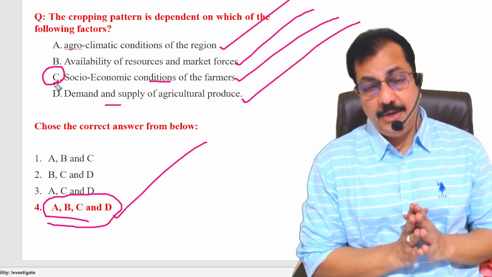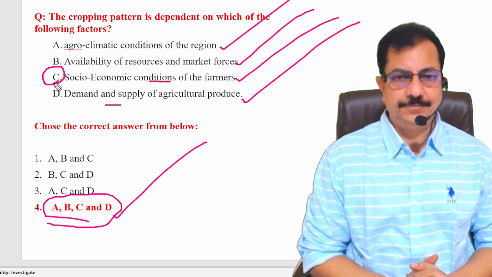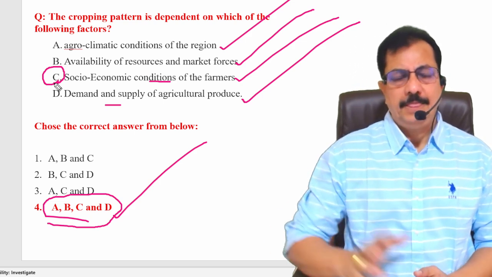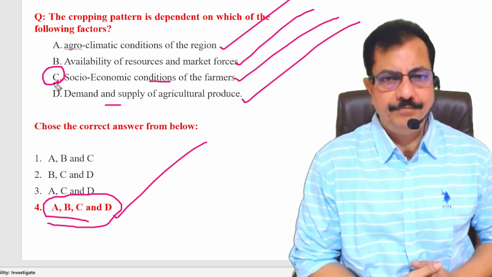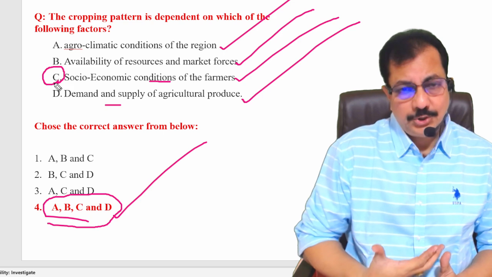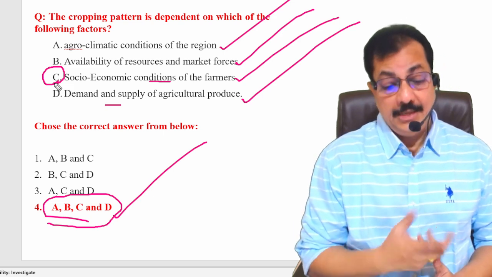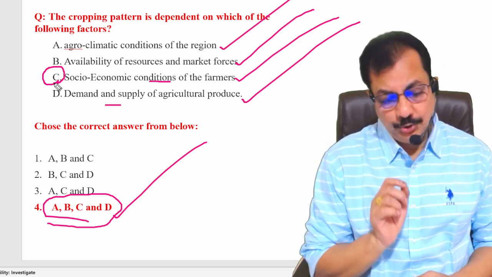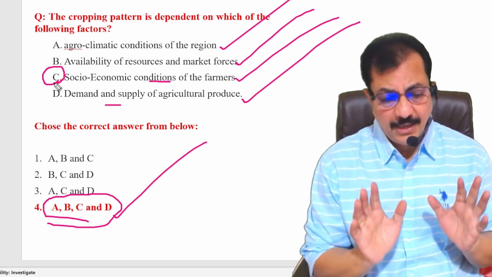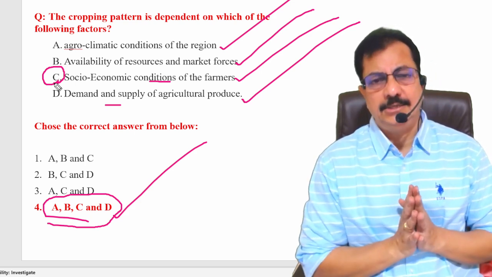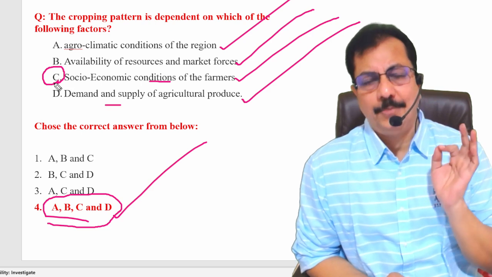Number two, when it comes to economic conditions, they will come to know that so and so crop is going to give them more money, and everybody wants to be strong economically. That is the reason why socio-economic conditions of the farmers are also one of the factors considered to be a part of the cropping patterns.